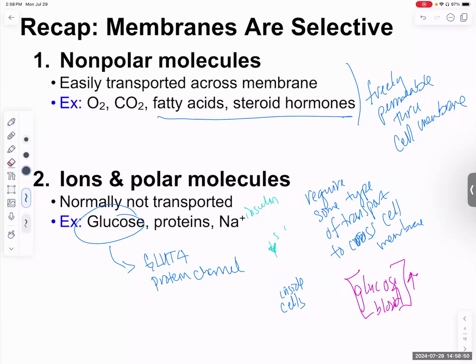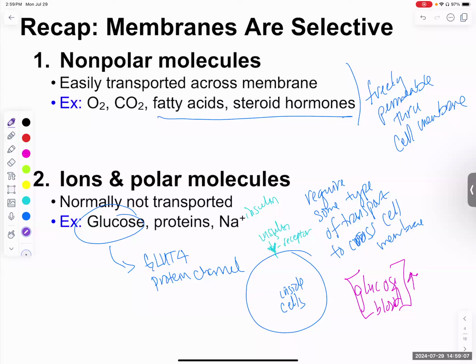And so insulin binding to this receptor is going to cause a second messenger system in the cell, which we covered a little bit.